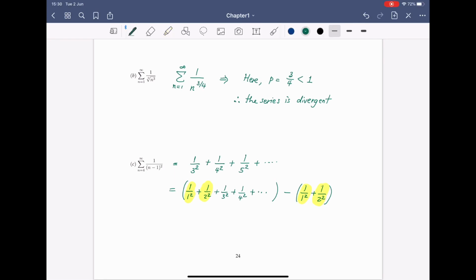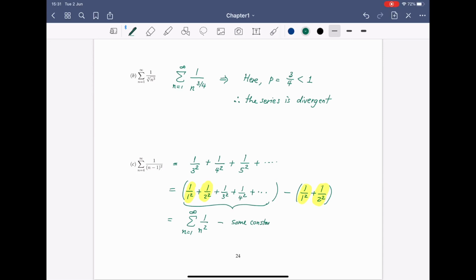And then you can see that the first part, in the big parenthesis, is going to be summation of 1 over n square, n equal to 1 to infinity.